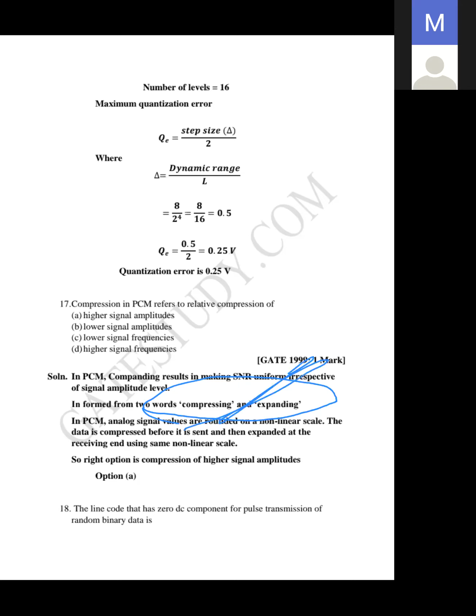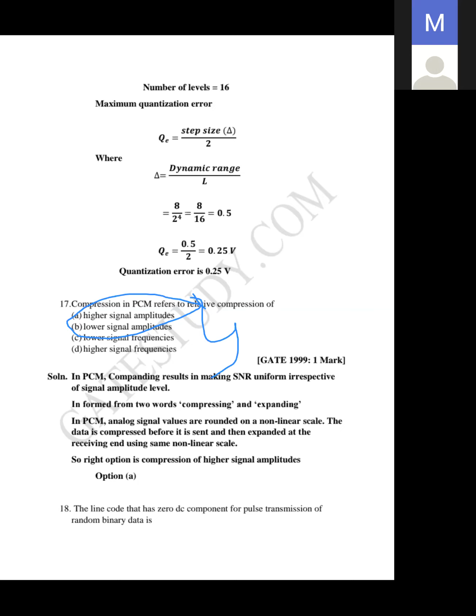So the option for this one is higher signal amplitudes. If we talk about digital, frequency is constant. Only phase and amplitude keep on varying. The four options given are higher signal amplitudes, lower signal amplitudes, lower signal frequencies, and higher signal frequency.